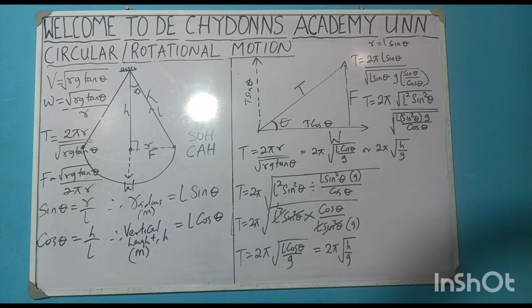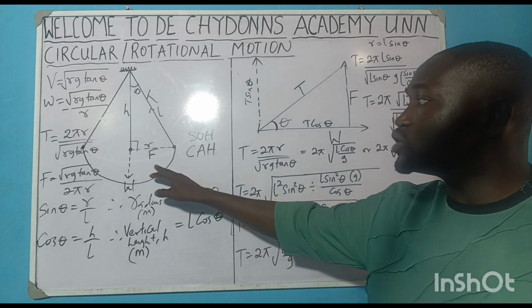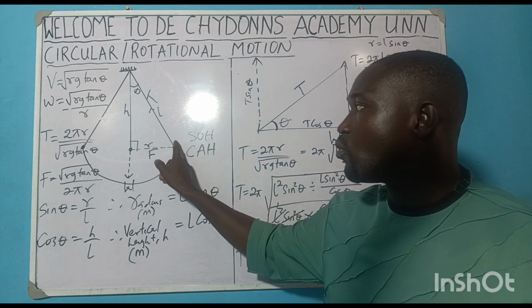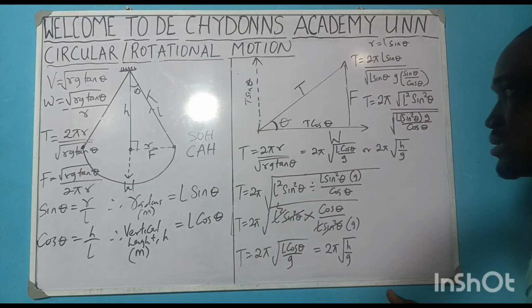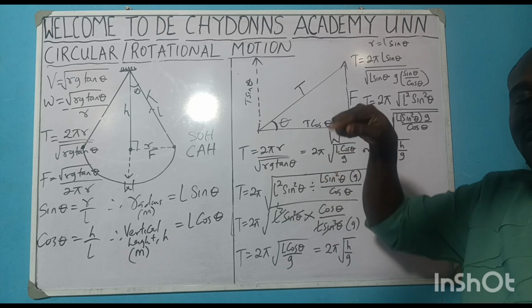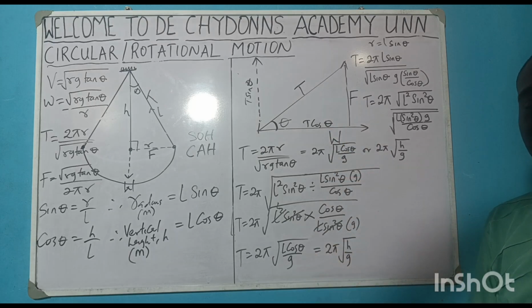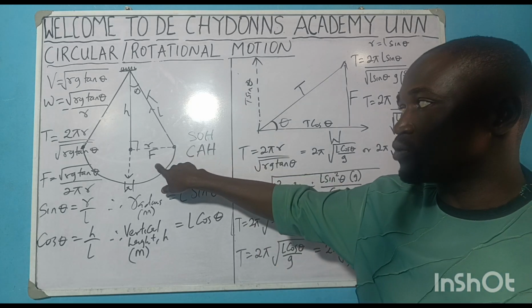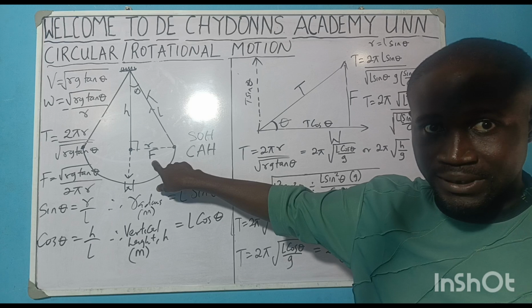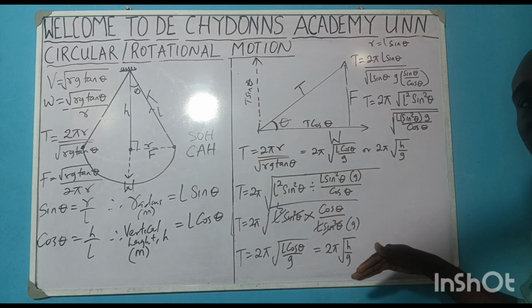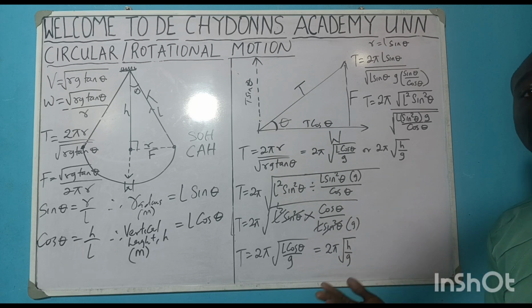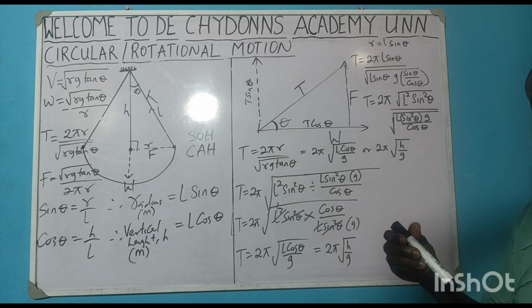Since we know that there are bodies that embark on horizontal circular motion, and at the same time embark on simple harmonic motion, like a simple pendulum that is moving like this. Are you getting it? So if a simple pendulum also embarks on circular motion per se, it means that this formula can be used on it, and also this formula can be used on simple harmonic motion too, but you need to check it well.